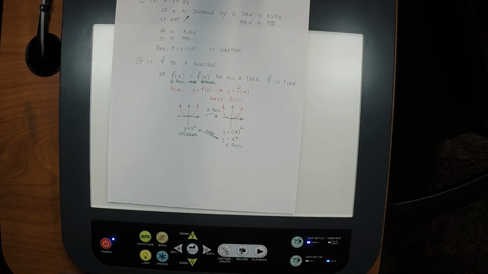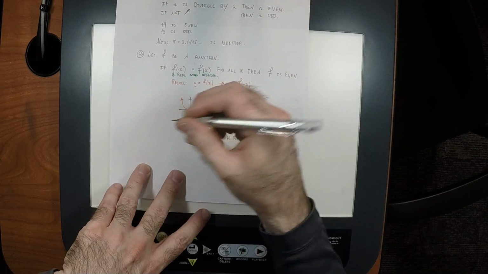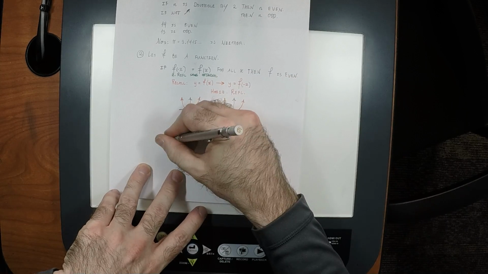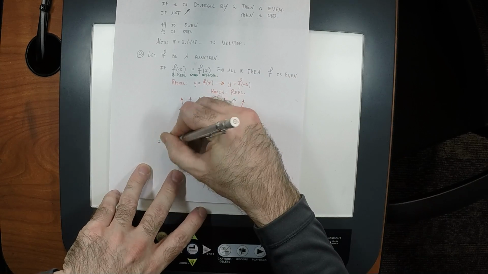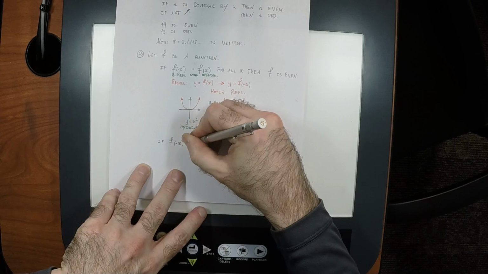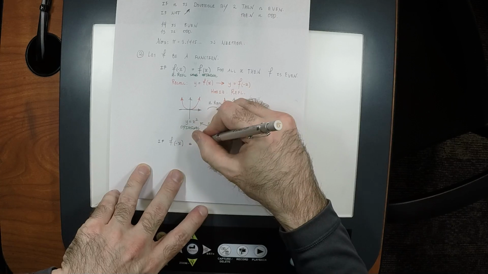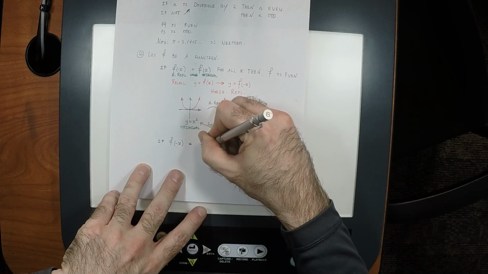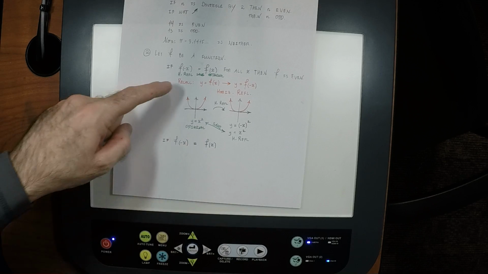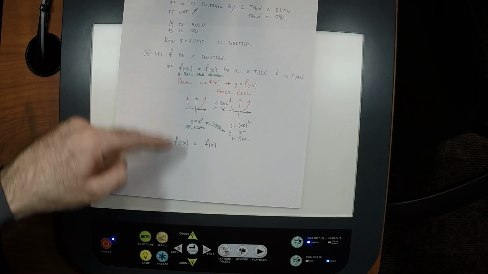Okay, so then besides being even, we've got another possibility. So now algebraically it reads, if f of negative x is, so right here, what I've written so far, that's exactly the same as the first one, right? So far it's exactly the same.